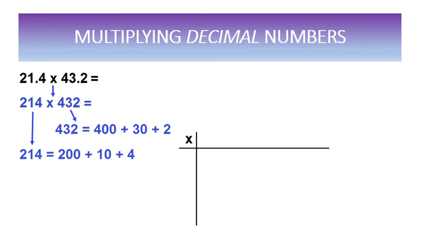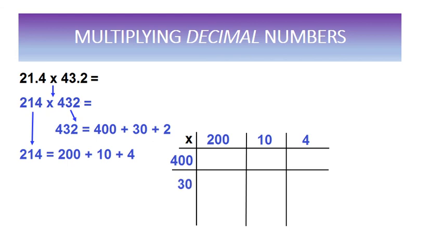I'm going to put the 214 along the top, using its partitioned parts. So let's do the 200, then a space, vertical line, the 10, and then the 4. And then I'm going to put the 432 down the left-hand side. So we put 400, then 30, and then 2 separated by the lines.